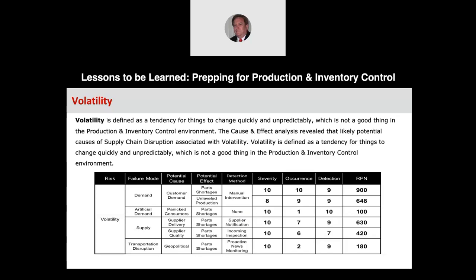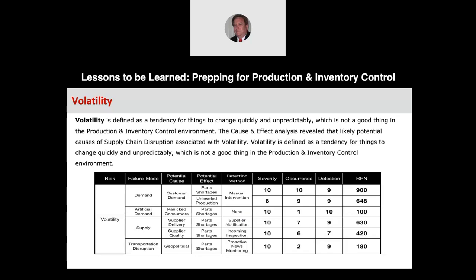But luckily, this panic customer event is definitely a black swan type of event, so it shouldn't really happen again. It shouldn't really occur. Detection is basically 0. Still, it gives you a score of 100, so right now it would not be your top priority to look at.